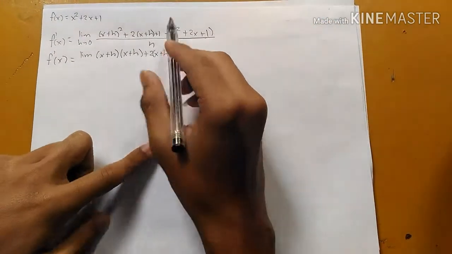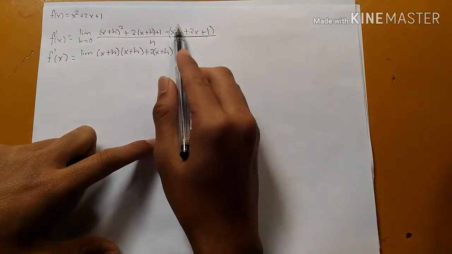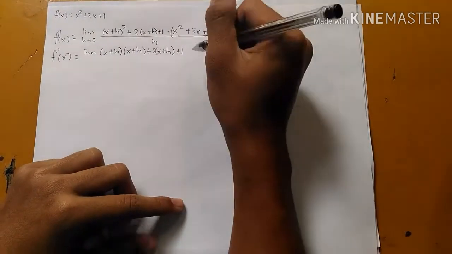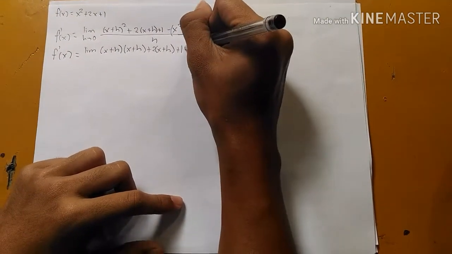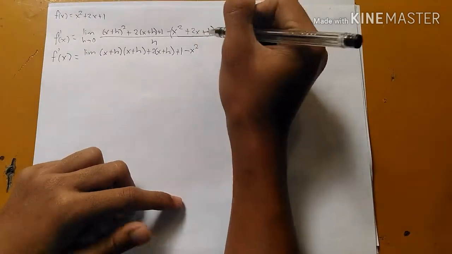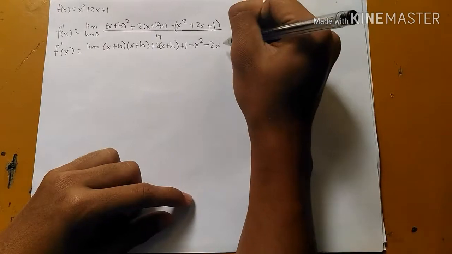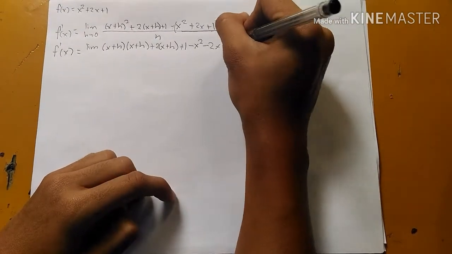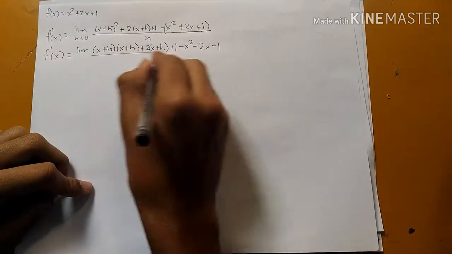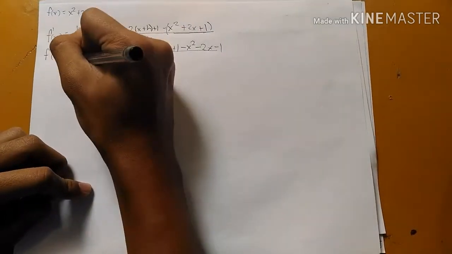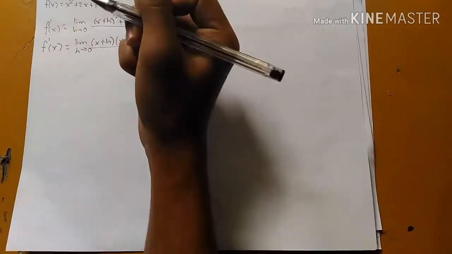The negative sign right here needs to be distributed to each term inside the parentheses. So it will become negative x squared, and the positive 2x will turn into negative 2x. The positive 1 will become negative 1, all over h, as h approaches 0.